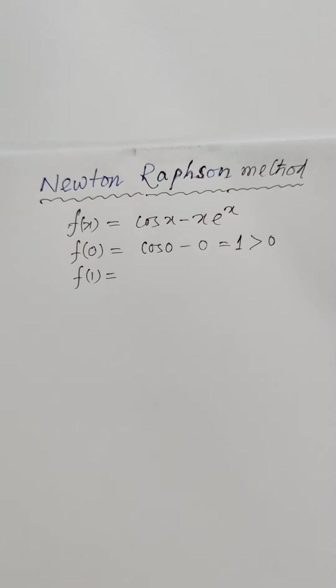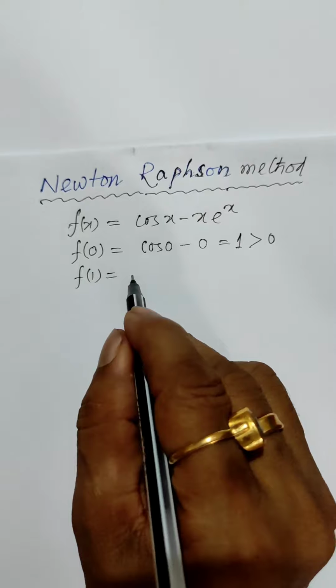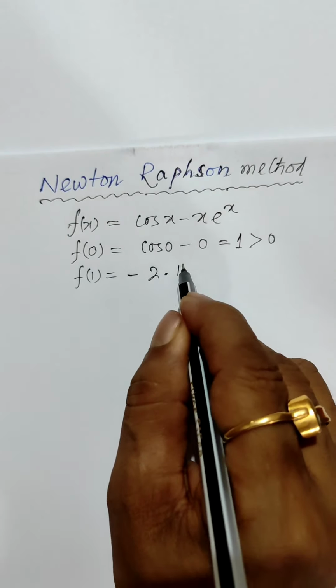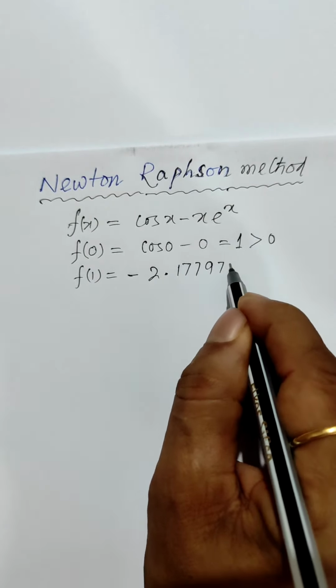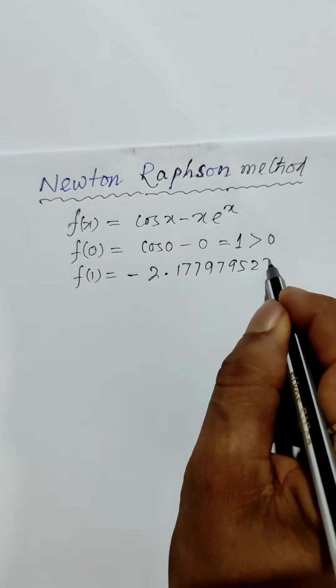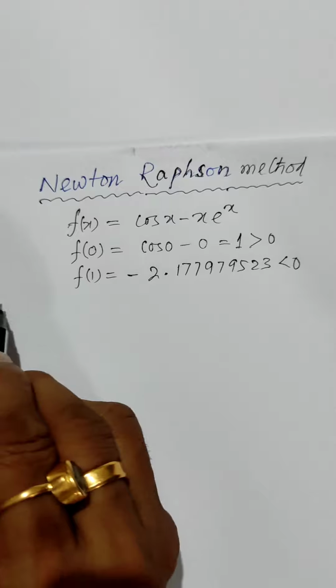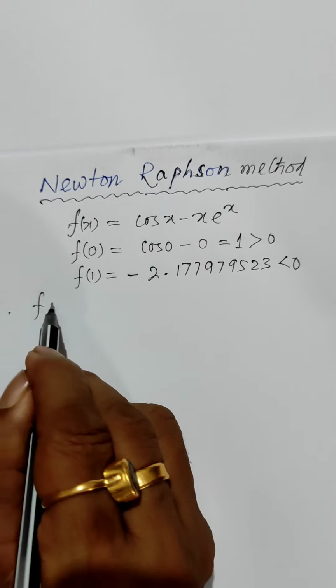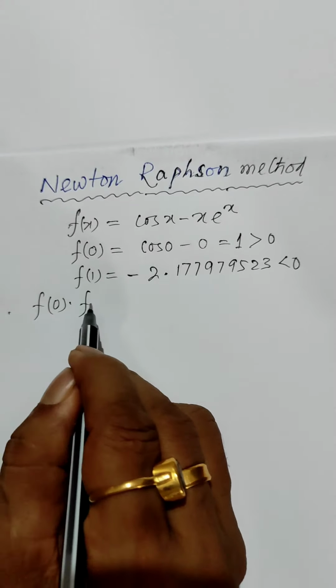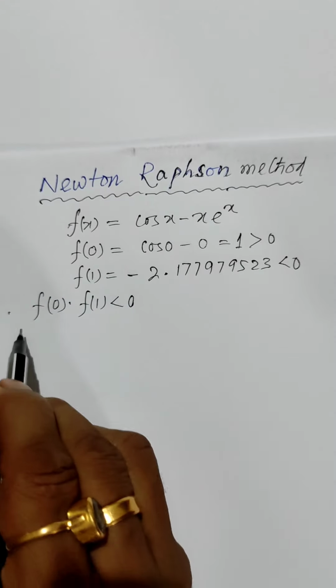So let us write the value is minus 2.177979523, which is less than 0. And therefore f of 0 into f of 1 is less than 0.